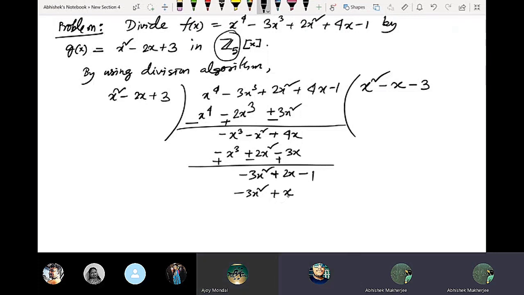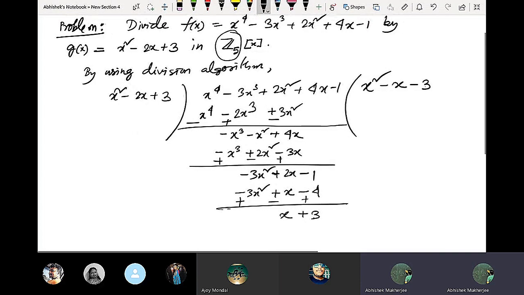So that is why we put here x, and it is minus 4 again. That is 3 into 3 is 9. Now modulo 5 is 4, so it is minus 4. So plus minus plus. So it is x, and this will be plus 3.